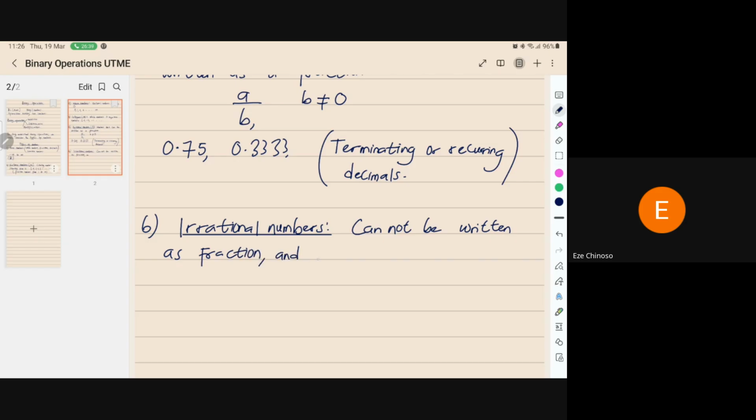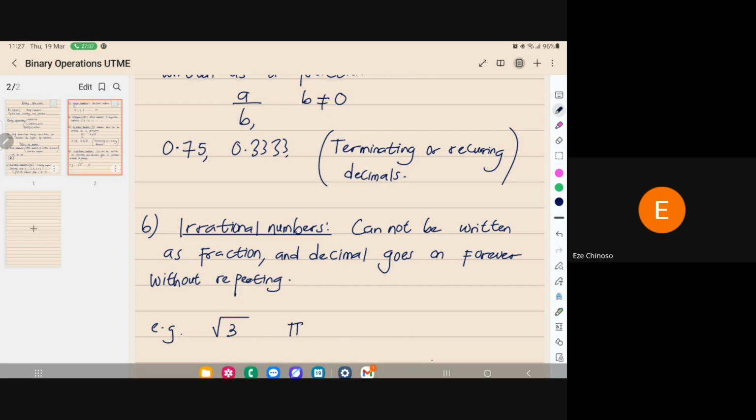And if it is a decimal, then the decimal goes on forever without repeating. For example, you have things like the square root of 3, and things like pi.